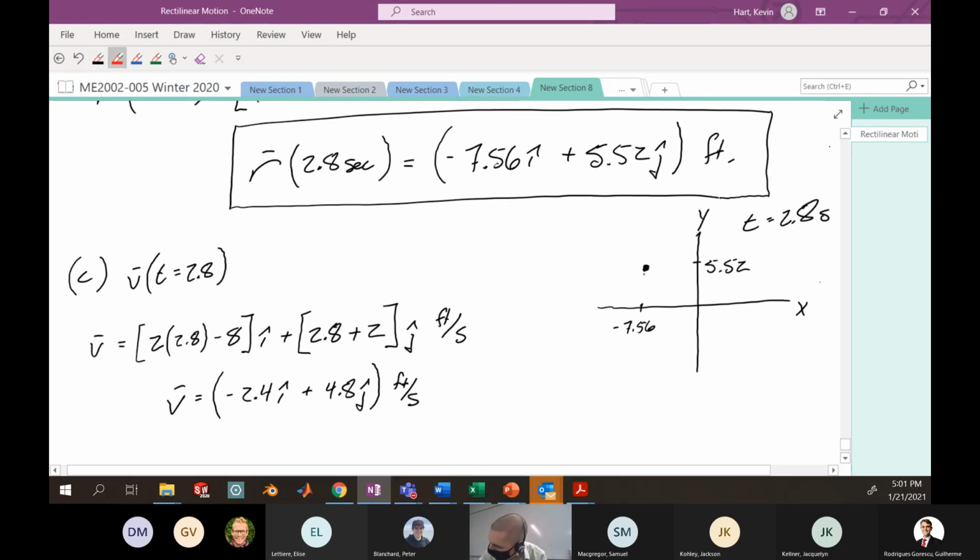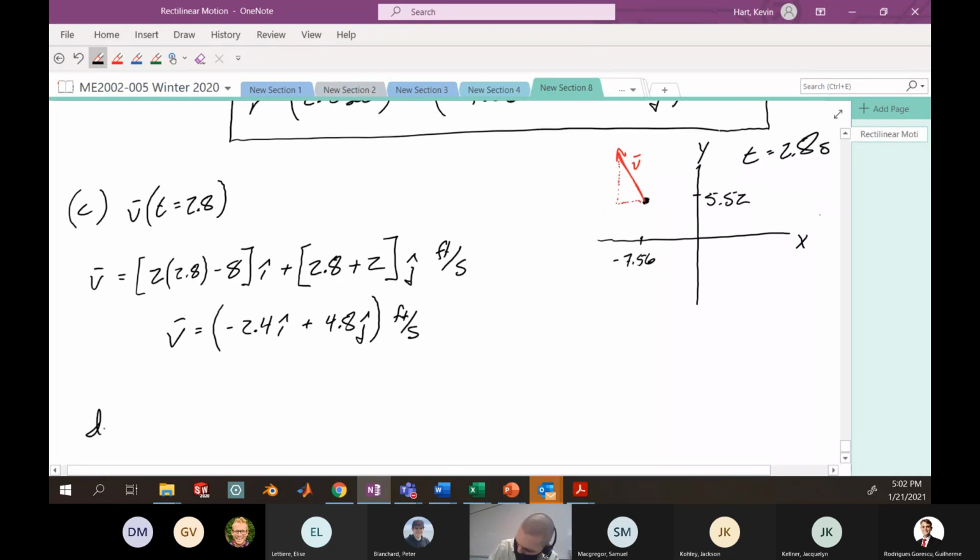I want to think about what that might look like. Slightly to the left and maybe about twice that value upward. This would be a good velocity vector approximation.